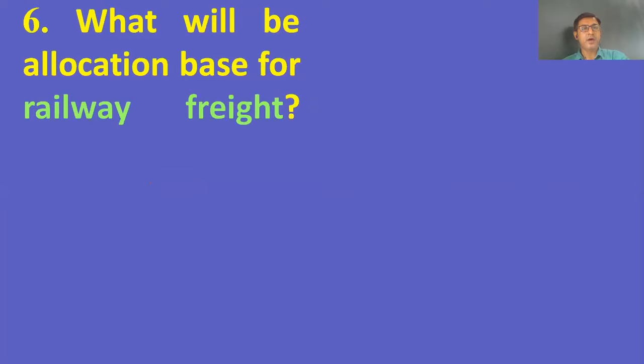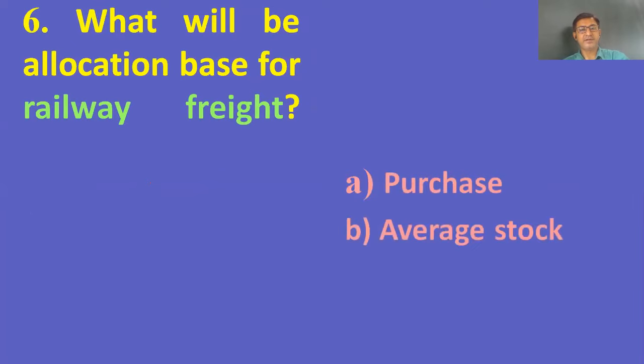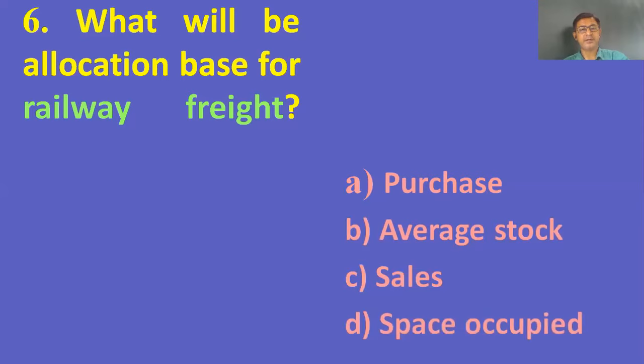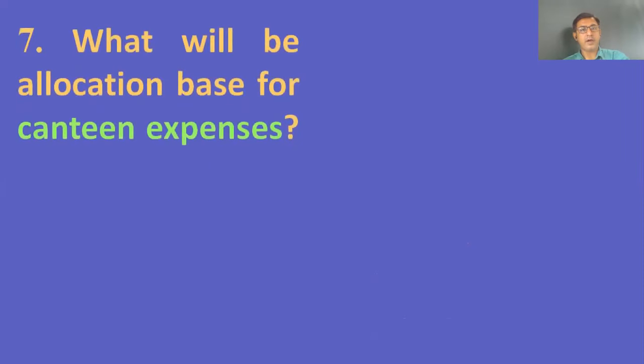Sixth one, what will be the allocation basis for railway freight? Let's see the options: purchase, average stock, sales, or it may be space occupied. The right answer is purchase. Seventh, what will be the allocation base for canteen expenses?